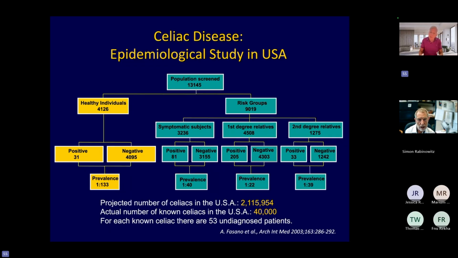At the time this study was done, in the early 2000s, the known celiac population in the US was 40,000. Doing the math, it was estimated that for each known celiac, there were 53 undiagnosed patients. This is why, for the fellows, when in doubt, screen, because the prevalence of celiac disease is far greater than we would suspect just on the basis of looking at symptomatic patients.